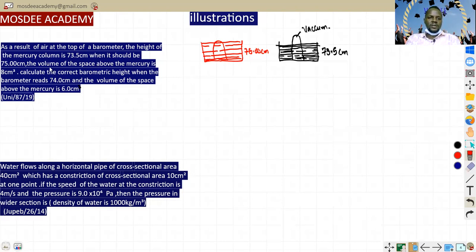So be that as it may, we can now see the second premise. We are told here that the volume of the space above the mercury is 8 centimeter cube. So this vacuum has the volume we have considered. Now the question asks us to calculate the correct barometric height when the barometer reads 74.0 centimeter and the volume is 6.